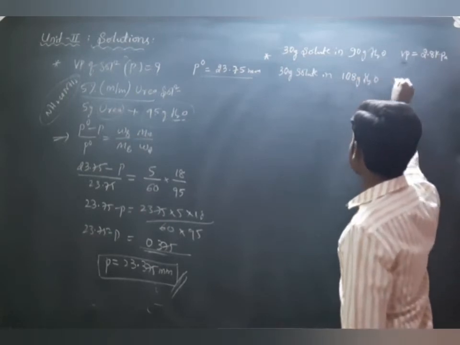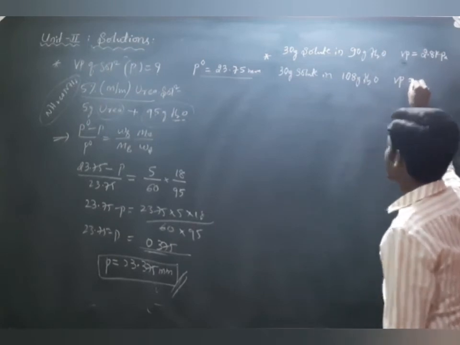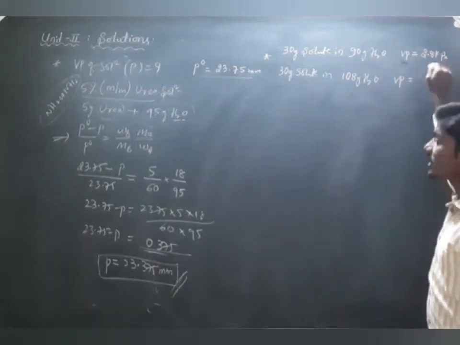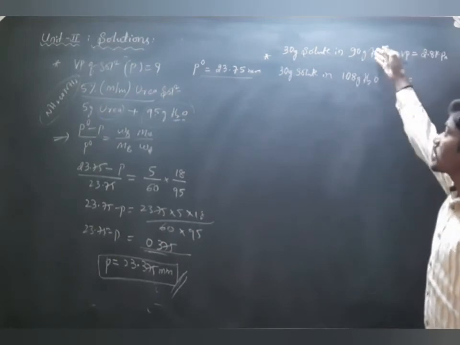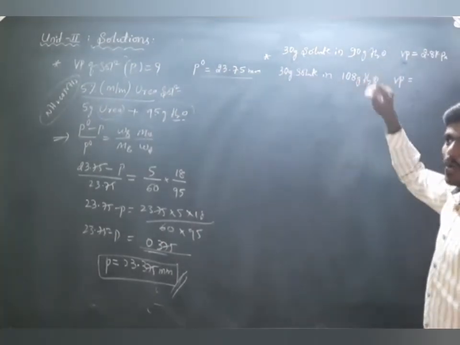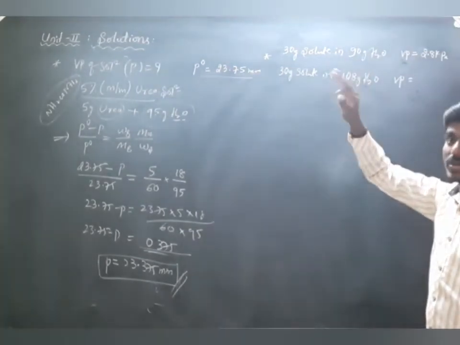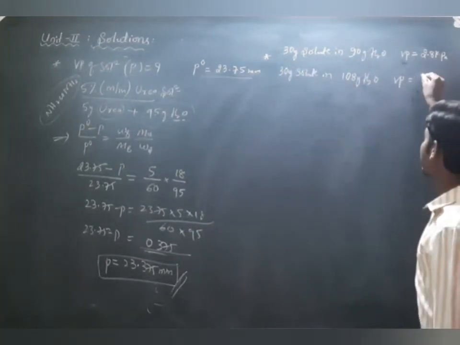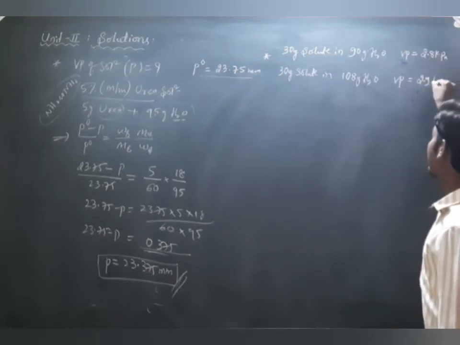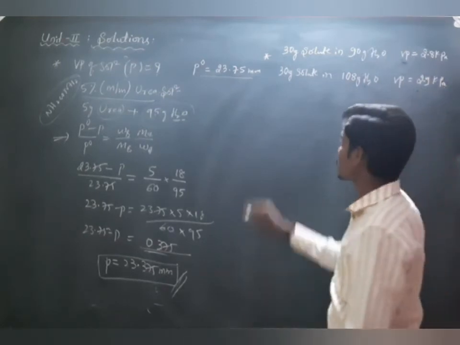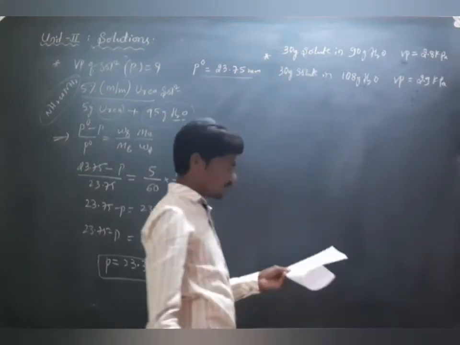In this case, will the vapor pressure of the solution increase or decrease compared to 2.8, because I am adding water? Water is the volatile component, so it undergoes evaporation, and vapor pressure increases. So now its vapor pressure becomes 2.9 kilopascal. This is the first case, and this is the second case.